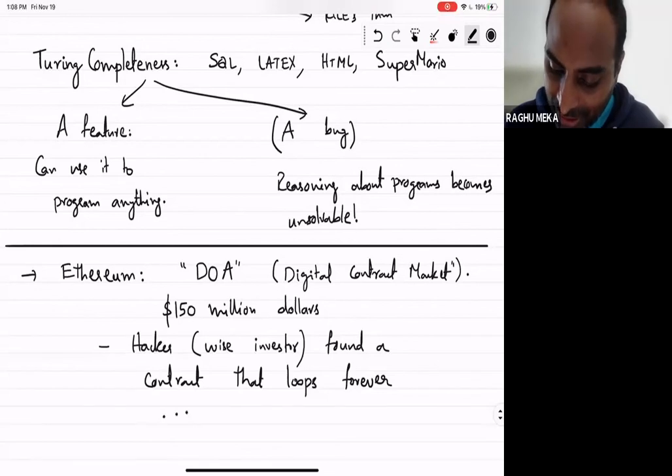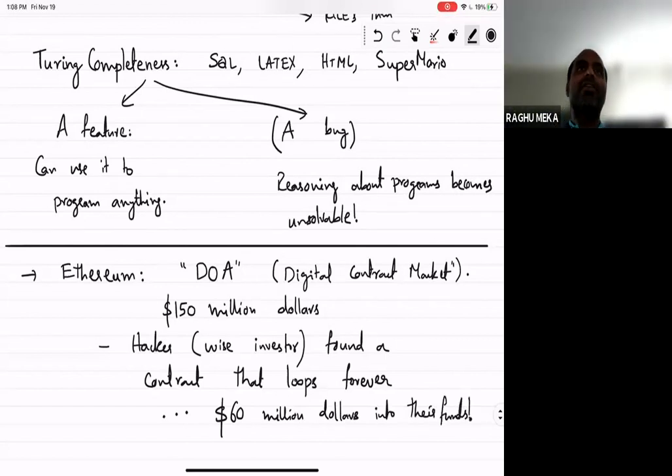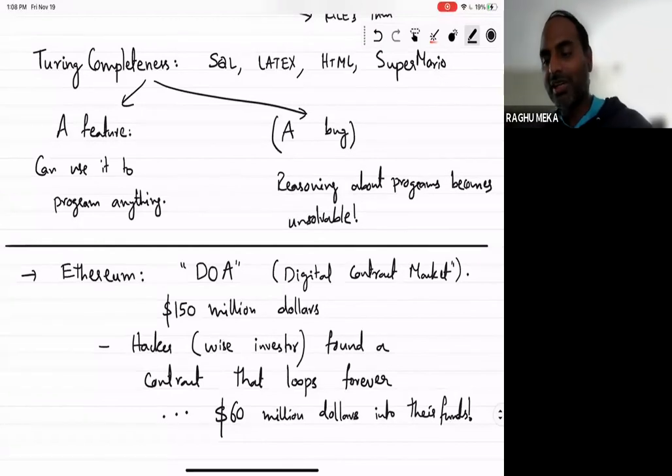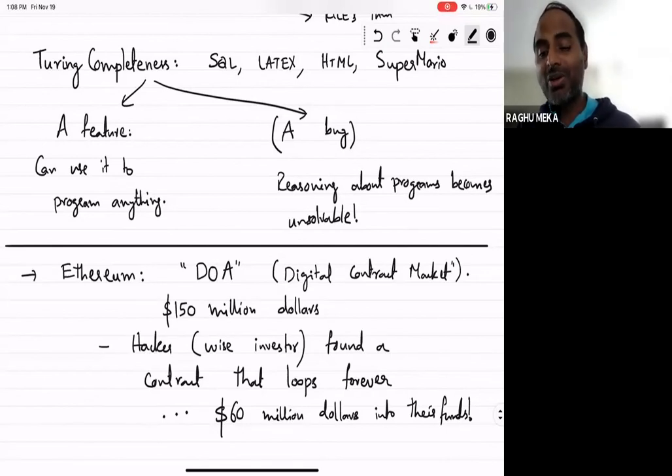And they used it to basically transfer $60 million into their own fund. Okay, so they found this bug basically, which was a subcontract making the whole contract system loop forever. And as a result, they were able to siphon off $60 million, which is a huge chunk of the market DAO.